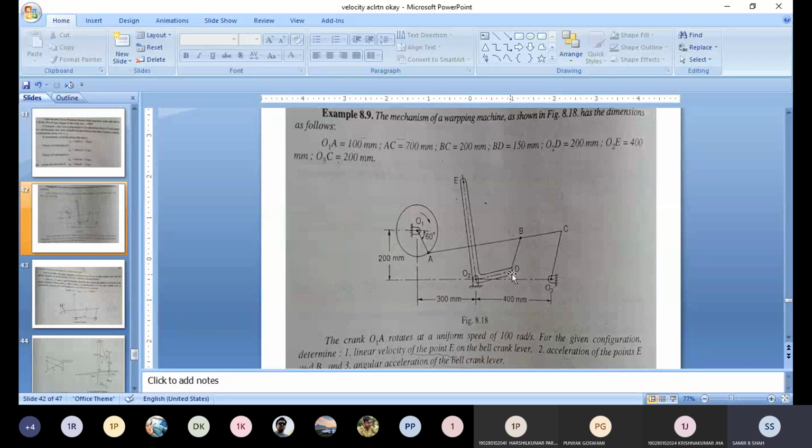So mention DO2E is equal to 90 degrees, where O2E is equal to 4 centimeter, as we are taking the scale that 100 mm is equal to 1 centimeter. So now hopefully the space diagram is finished.